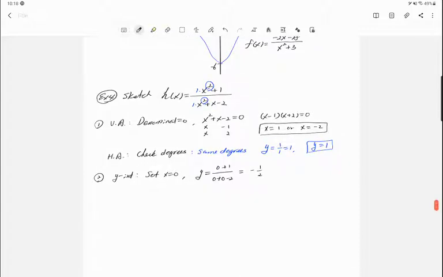So the y-intercept is at x equals 0, y equals negative 1 over 2. Okay, we found the y-intercept. How about the x-intercept?